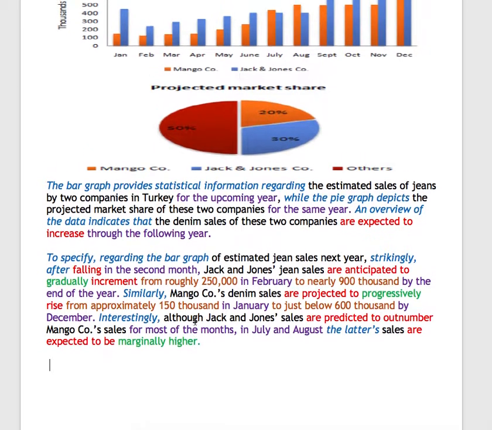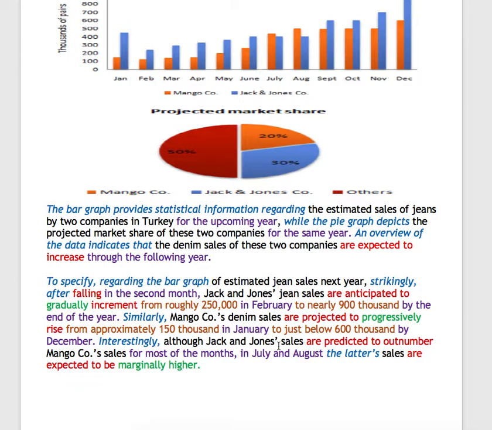Interestingly, although Jack and Jones's sales are predicted to, again, future, outnumber, be higher than Mango Co.'s sales for most of the months. So most of the months.